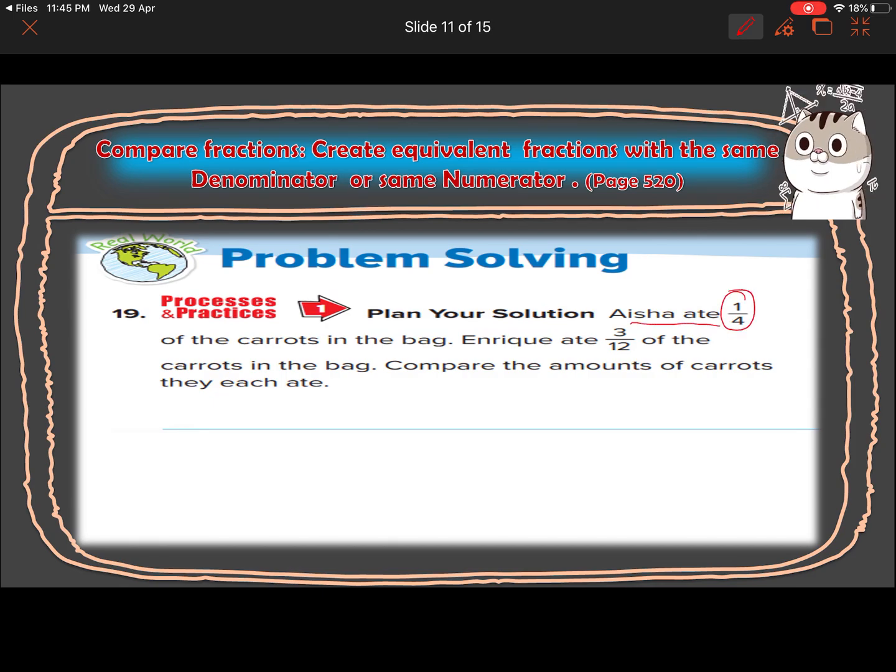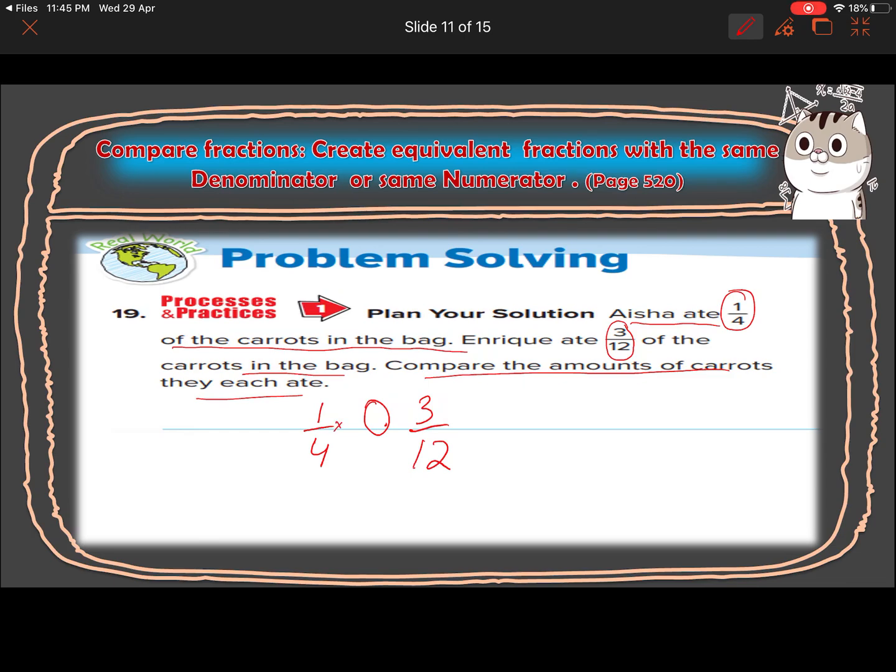Now see this. Aisha ate 1/4 of the carrots in a bag, and Rick ate 3/12 of the carrots in the bag. Compare the amounts of the carrots they each ate. So I'm going to write down both fractions. 3 over 12. What we will do, I will find the equivalent fraction. So which number multiplied by 4 gives you 12?